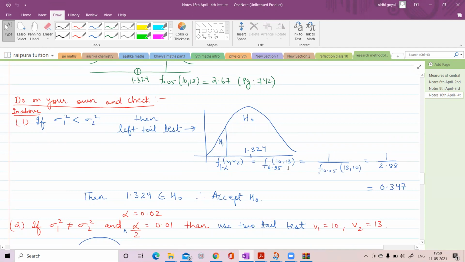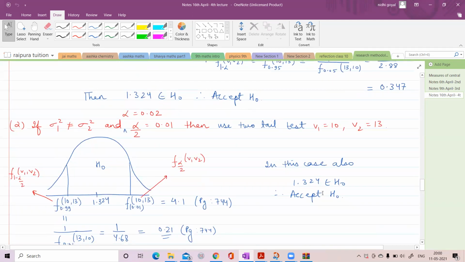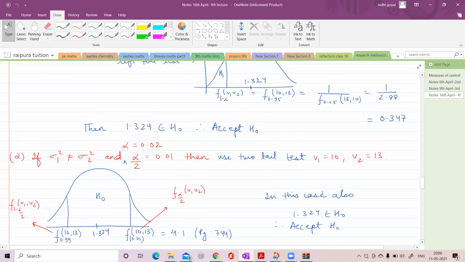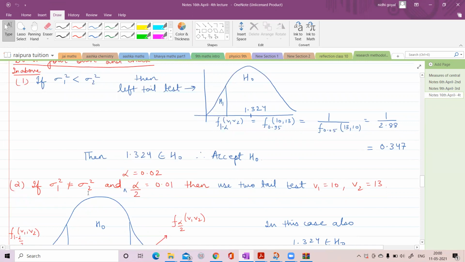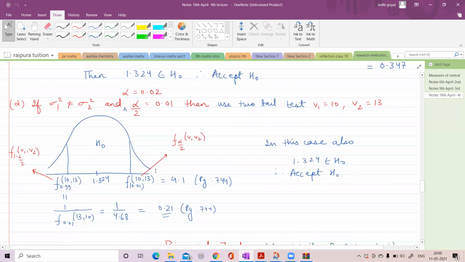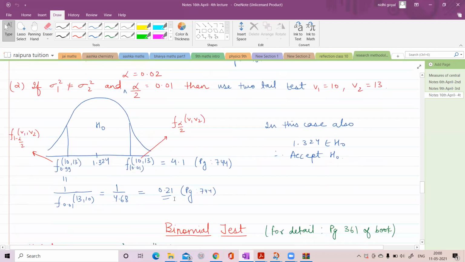Now we have to calculate this, and for calculating this there is a formula, and the value of each of these things we can find out using the table. Similarly here also, if alpha is given as 0.02, then alpha by 2 will be 0.01, and then we have to proceed like this.